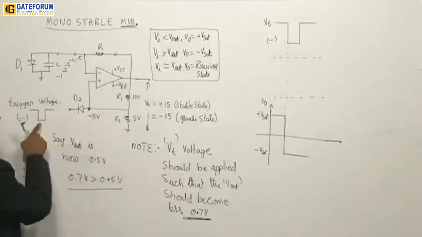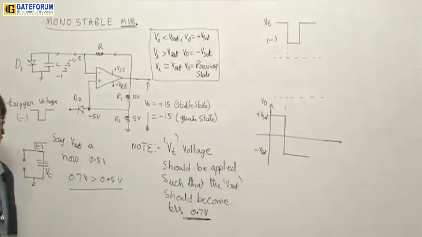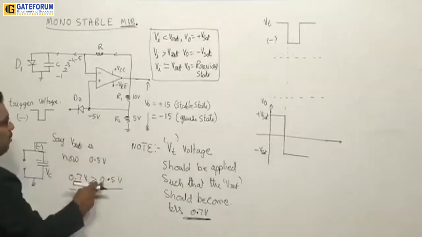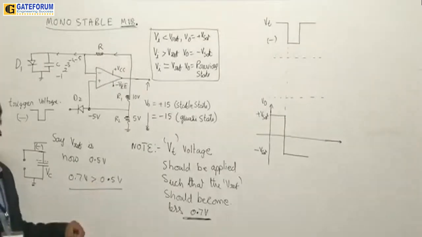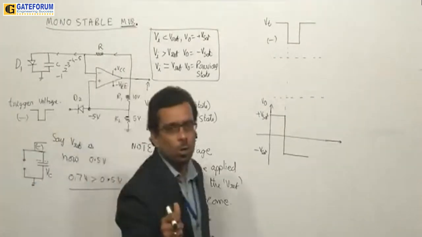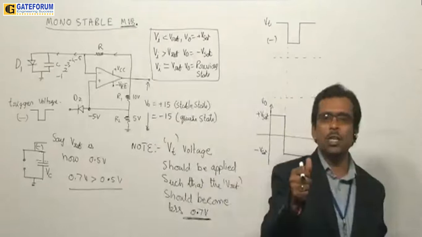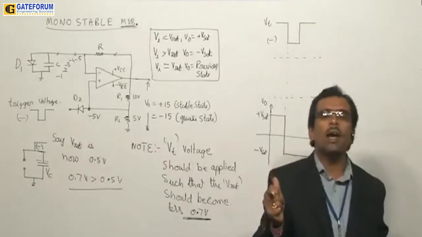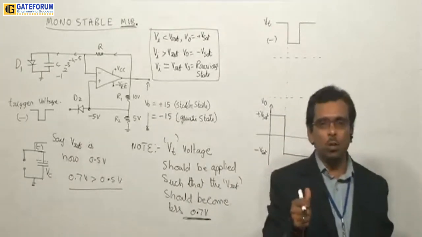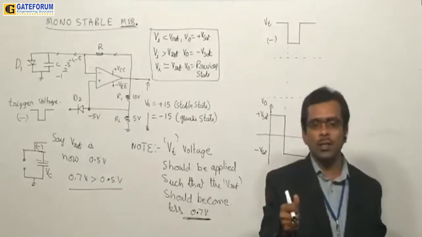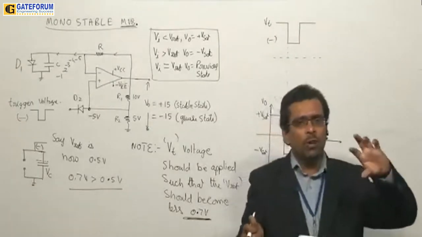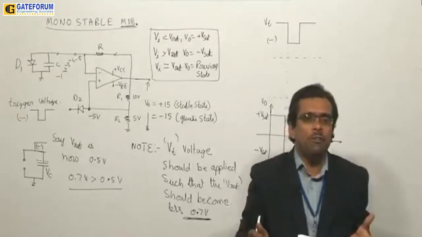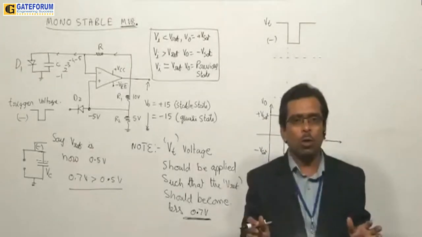The trigger is applied only for a short interval of time, so it will not keep 0.5 volts for a long time, because the button is pressed for just a fraction of a second. You just press it and leave it. You don't put your hand continuously on the button, isn't it? So when the trigger is applied, only then the 5 volts is made 0.5 volts.